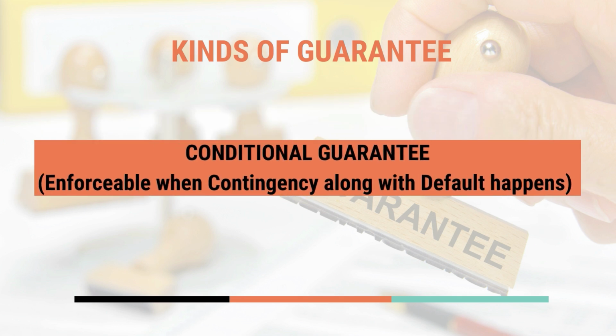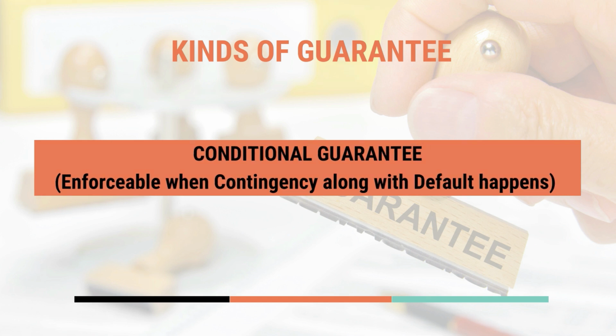Yes, that is dependent upon contingency. That means in case anything happens, then he will make the payment. So his stipulations are dependent upon certain situation. So these kinds of guarantee are enforceable when contingency along with the default happens.